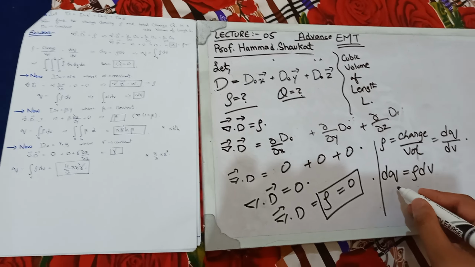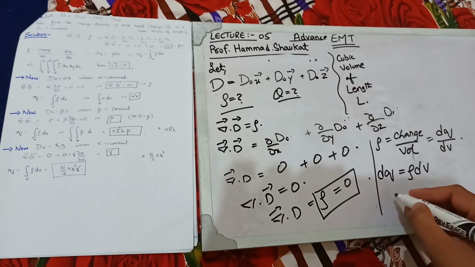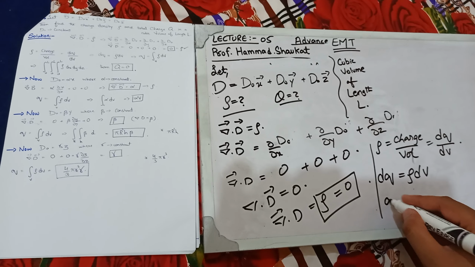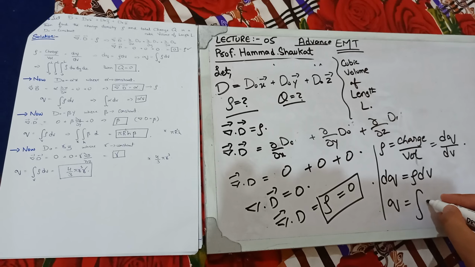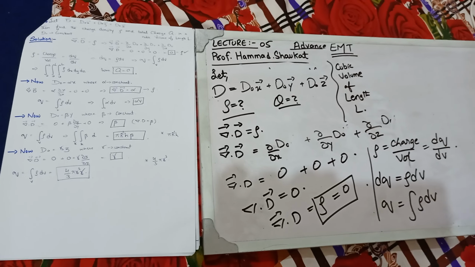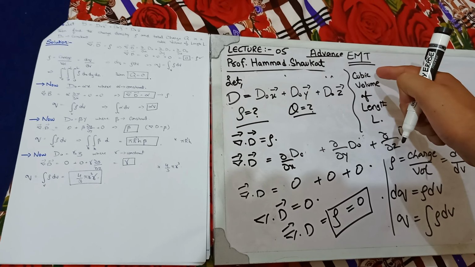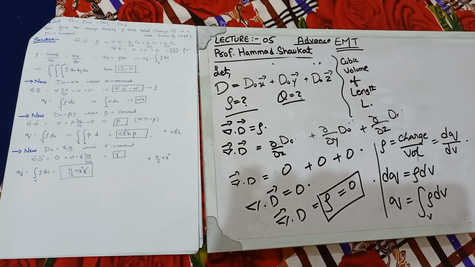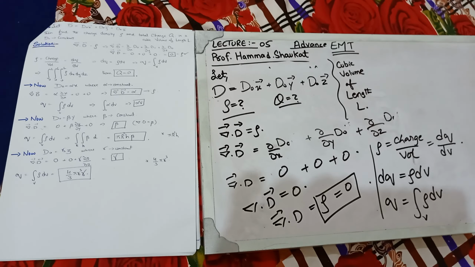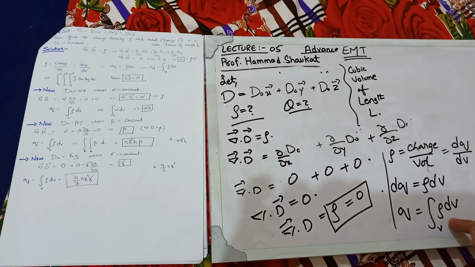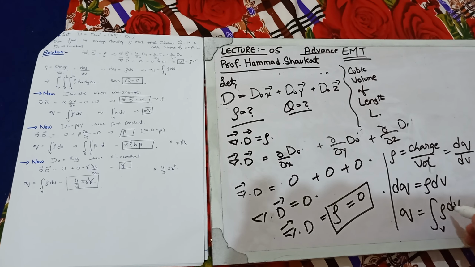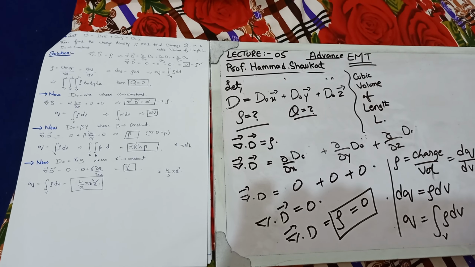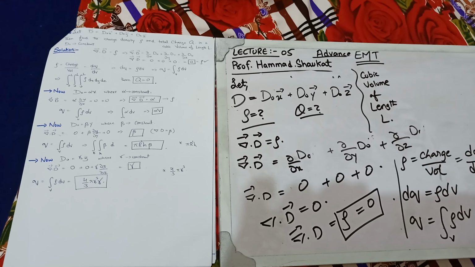And you have to find the total charge, so you have to integrate, so q equals the integral of rho dv. Because we have to find it for the cubic volume, we have to integrate over the whole volume. As we already know, rho is 0, so the integration of 0 gives q also equal to 0.